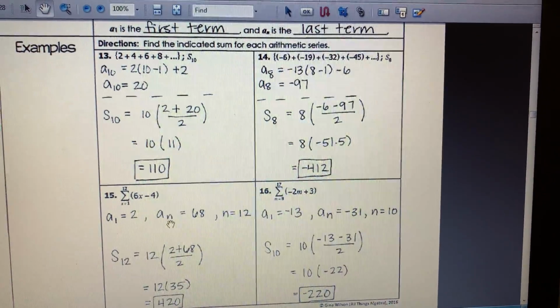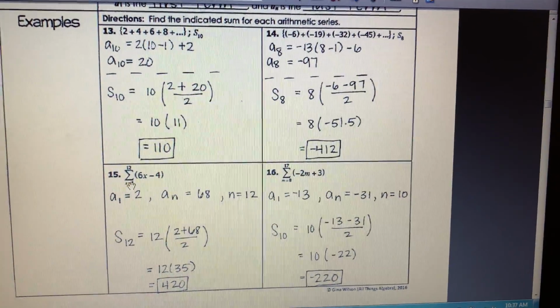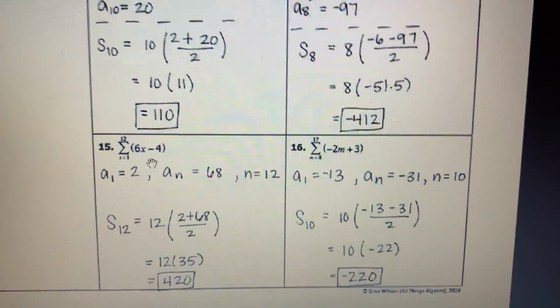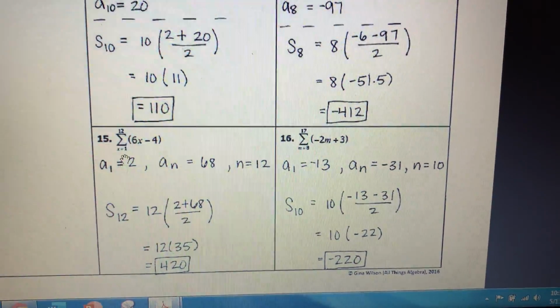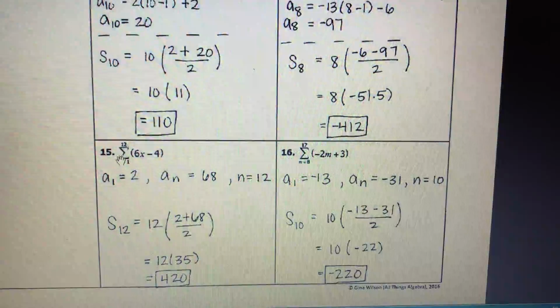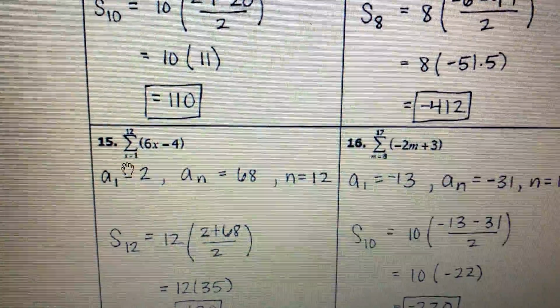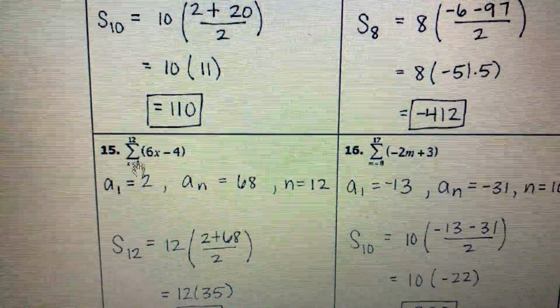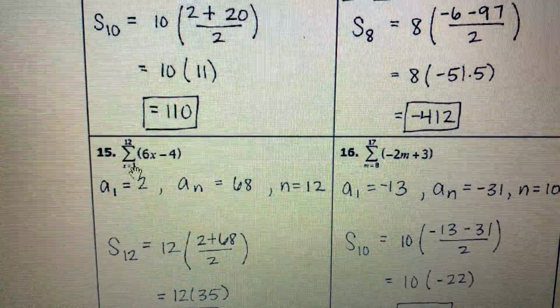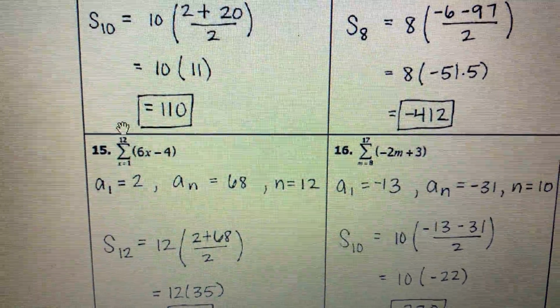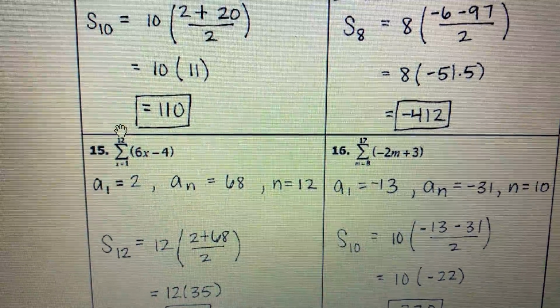Let's look at another example with some different notation. This sigma notation means sum. And so what it's saying is, add up all of these values from x equals 1 all the way to x equals 12.